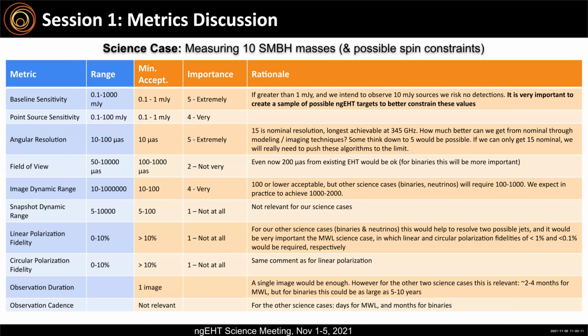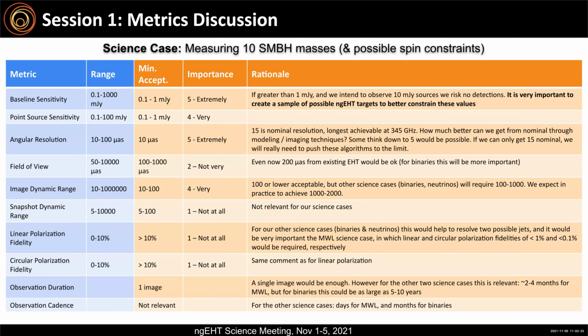The science case on which we focused was to measure these 10 supermassive black hole masses and hopefully to have a constraint on the spins of these black holes. And these are the different metrics and the numbers we were discussing. For us, baseline sensitivity seems to be the most important issue.